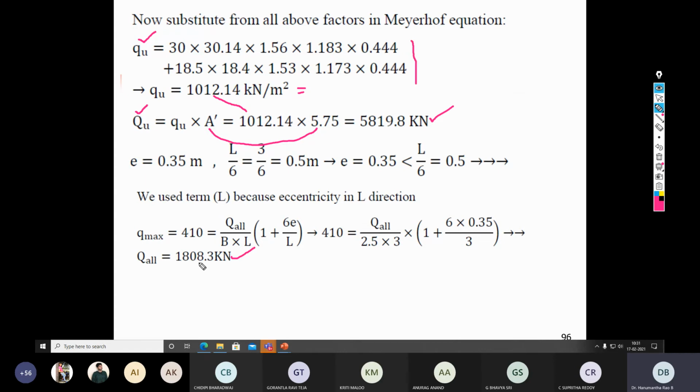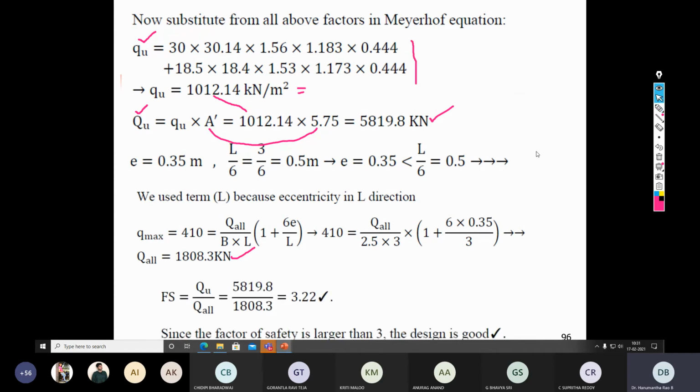So that is 1808.3. Then factor of safety is nothing but Q ultimate divided by Q allowable. Q ultimate is calculated as 5819, Q allowable is calculated as 1808.3 kilonewton. So this will give you 3.22.